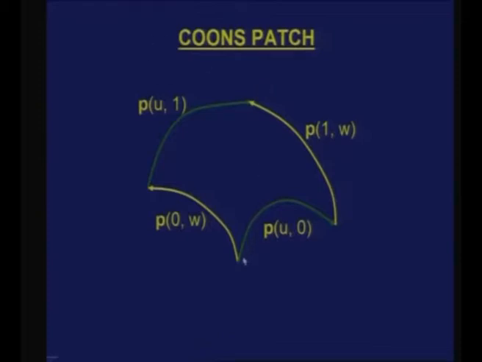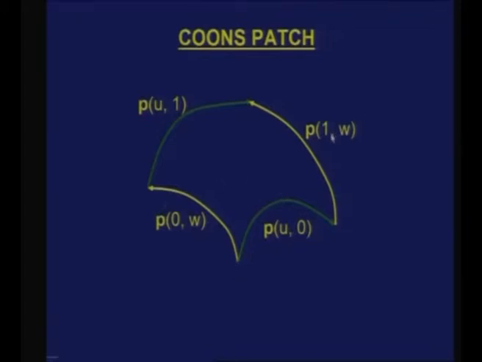So, I am giving one parametric curve which I call P(u,0). This means W is equal to constant, whereas U is varying from 0 to 1. Here too W is equal to constant, which is 1, U is varying from 0 to 1. These curves are U equal to constant curves, U is 0 and W is varying from 0 to 1.